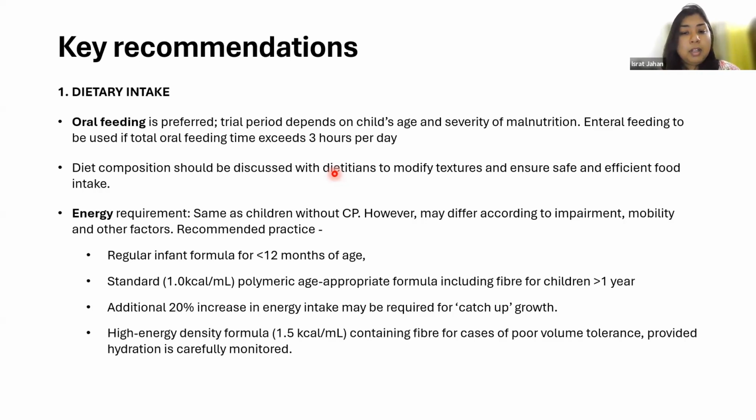Then they talked a lot about energy requirements. In terms of energy, protein, vitamins, micronutrients, and fiber, the first go-to recommendation is that it's similar to children without CP. However, depending on the mobility, muscle tone, severity of motor impairment, and all these aspects, these requirements may change.